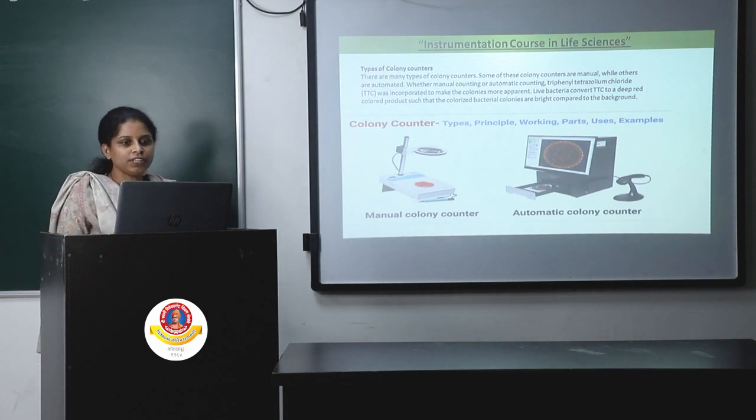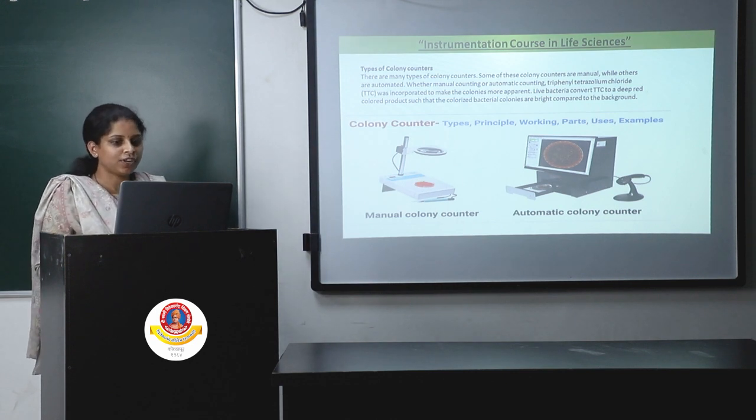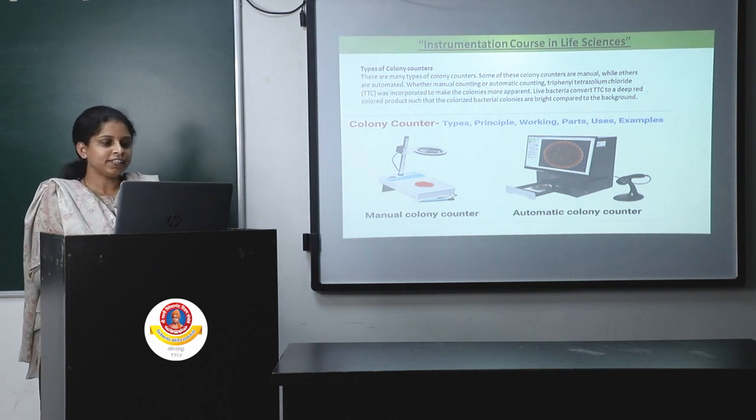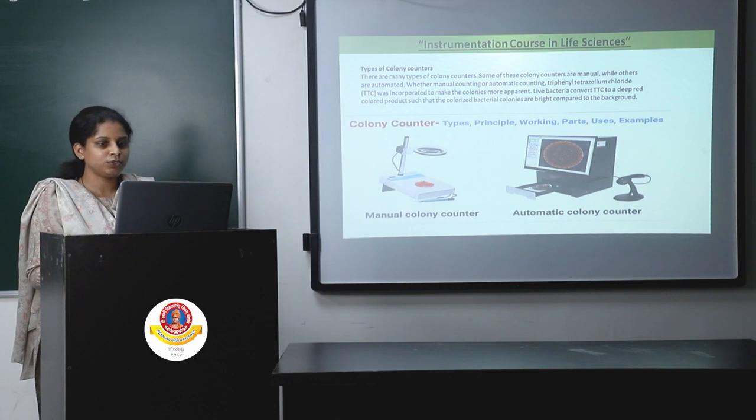While using a colony counting machine, manual or automatic, a chemical like TTC, triphenyl tetrazolium chloride, is incorporated to make the colonies more apparent. Live bacteria convert this TTC to a deep red colored product, so the colonies are bright compared to the background.